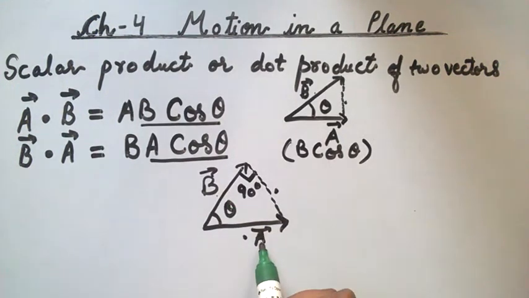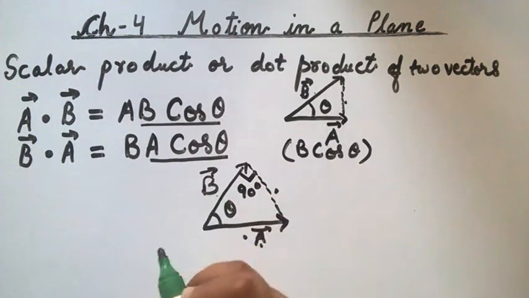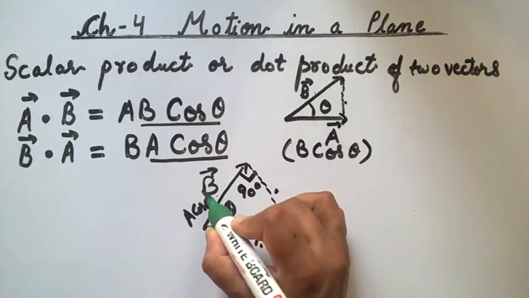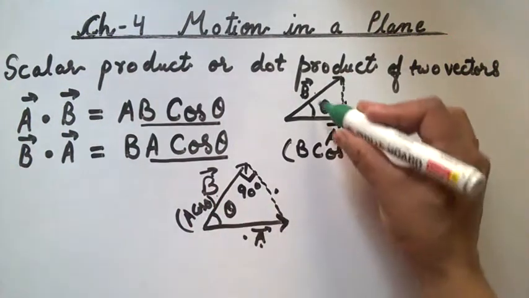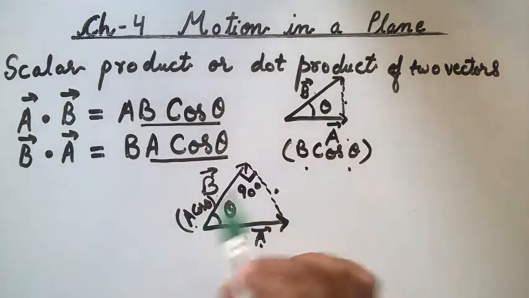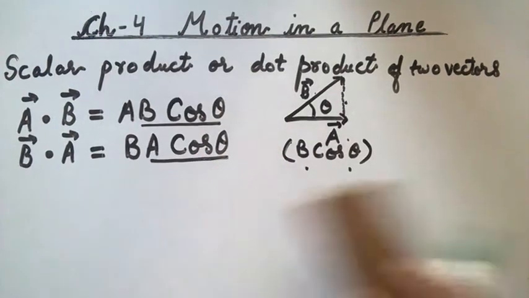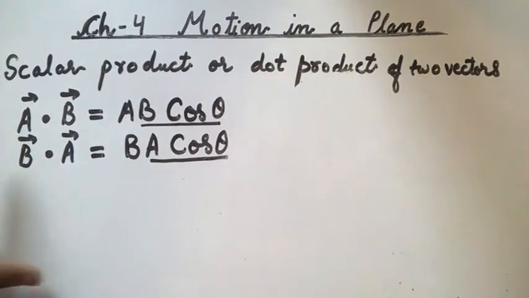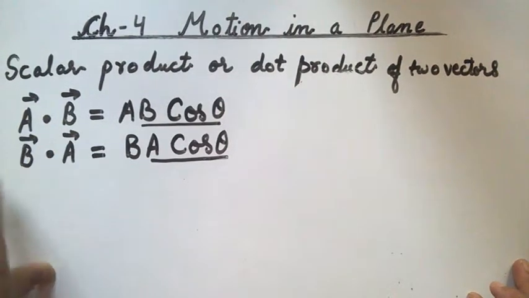So the base component of a vector will be in the direction of b vector, which is equal to a cos theta. So the component of a in the direction of b is a cos theta, the component of b in the direction of a is b cos theta. Thus we can see that there is no difference when we multiply A dot B or B dot A vector.